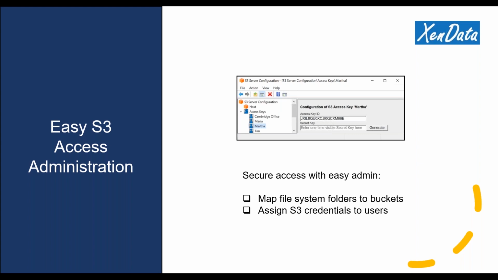And then there's another user interface where you can go bucket by bucket, and you can give the access that you want to each of the users. So it can be no access at all to a particular bucket, it can be read-only access, or it can be full read-write access when they're accessing remotely using HTTPS.